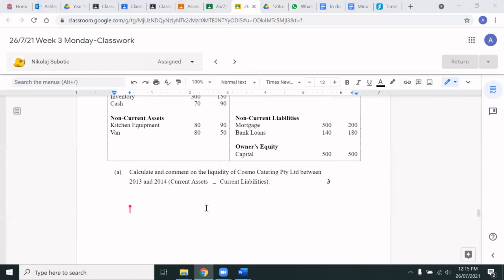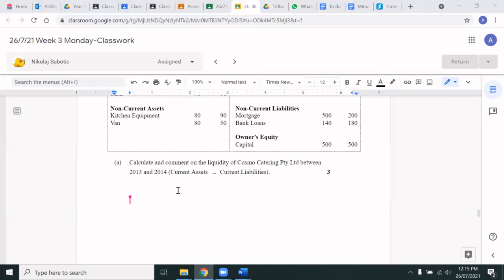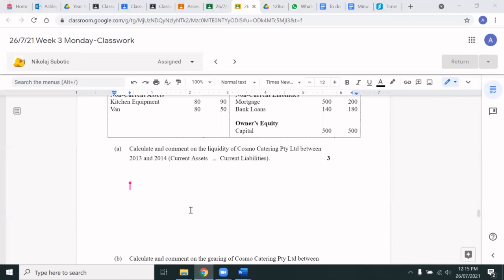I'm just making up an answer here. In 2014, it's 1 to 1. There is $1 of current assets for every $1 of current liabilities. So say both as a sentence, and then therefore the business is becoming less liquid because it had more current assets compared to current liabilities in this year compared to that. That's not the answer because I'm guessing, but that's how you'd have to say it.